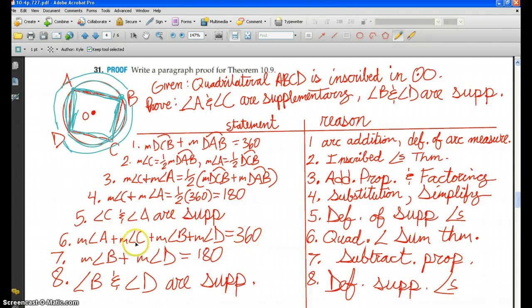Well, I know that A plus C is 180. I stated that back here. So I'm going to subtract 180 from the right, and I get 180. So now I've also shown that B and D add up to 180. Therefore, B and D are supplementary by the definition of supplementary angles.